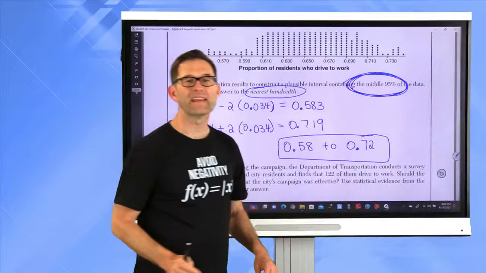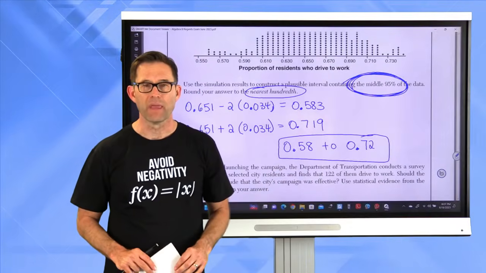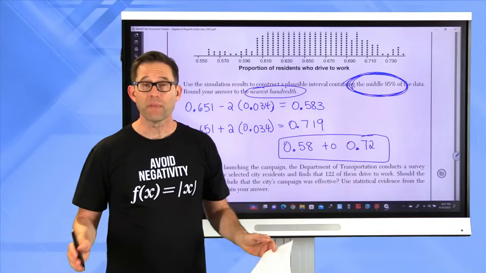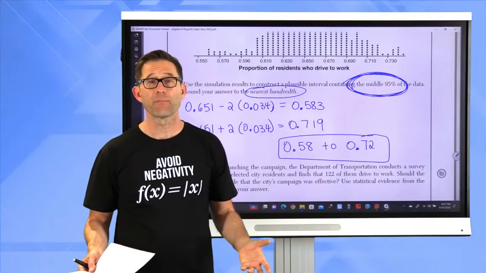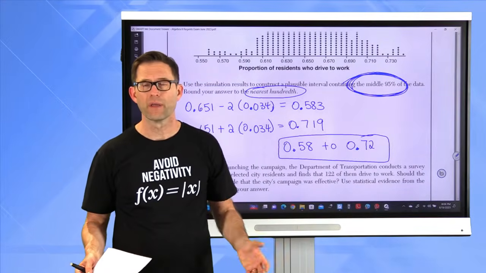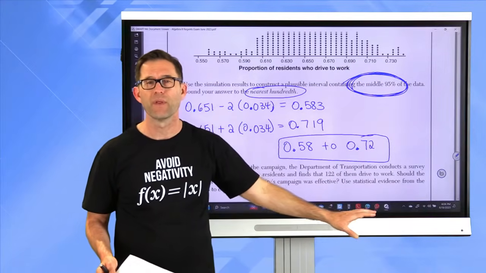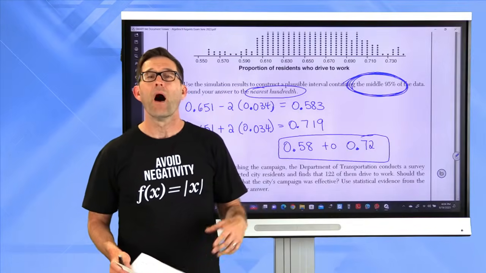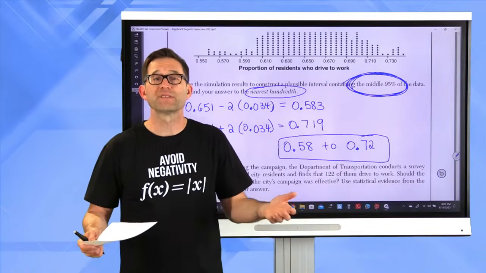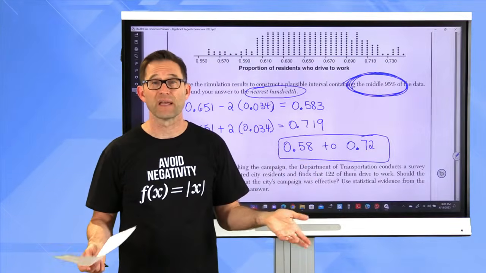Now, what does that even mean? What in the world does this interval even mean? What it means is that if truly 65% of the population drives to work in this, let's say, big city, New York City, LA, wherever, and I grabbed 200 people, I would expect the sample proportion to lie in between these two numbers by chance alone.